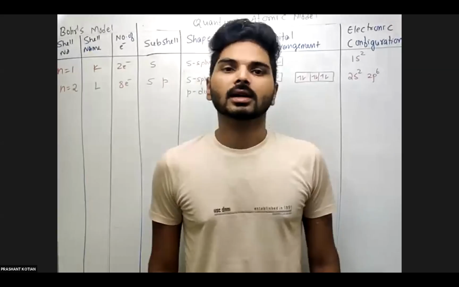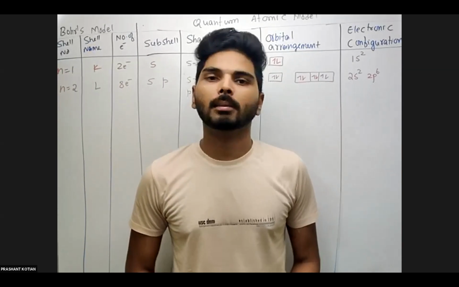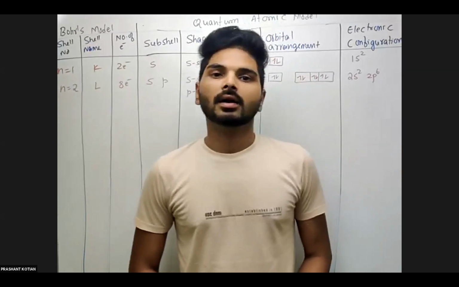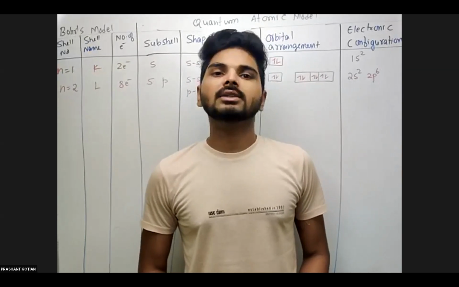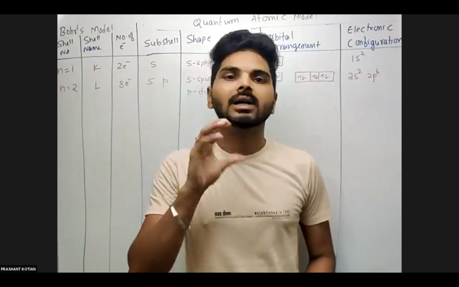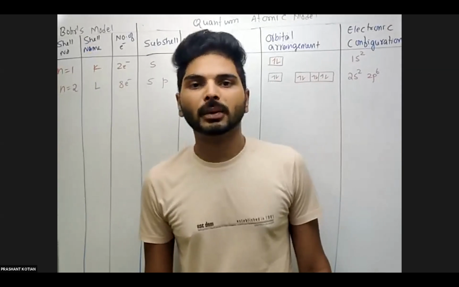Okay. So last class we were talking about the quantum mechanical model, where we have seen that instead of K shell, we have to consider a spherical shaped electron. So why spherical shaped electron?